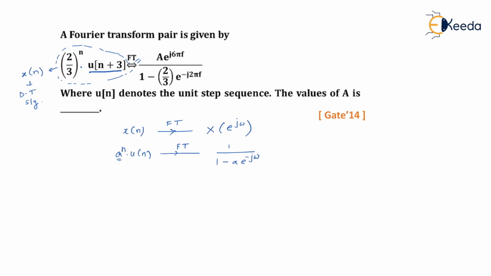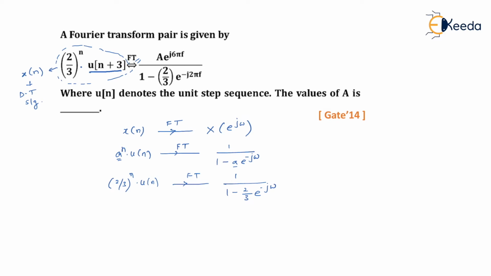Instead of a, the value of a is 2 by 3. So (2/3)^n u of n has a Fourier transform 1 upon 1 minus, let us follow the formula, replacing a with 2 by 3, e to the power minus j omega. I hope it is very easy for you to adopt this.